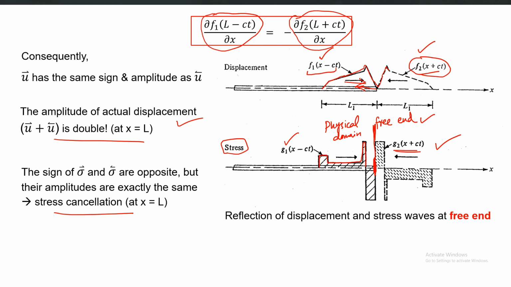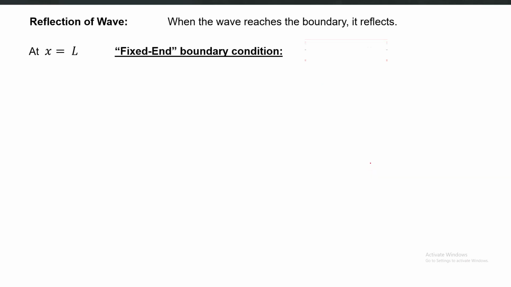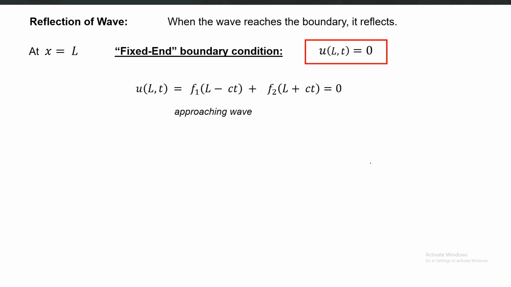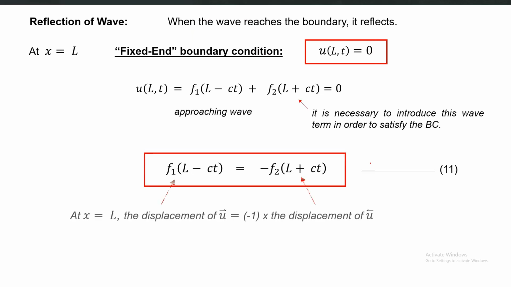Now let's go to the second case, which was the fixed end case. And at a fixed end, we know that stresses are not cancelling out each other. At a fixed end, there will be some stress, but we know that the displacement at the fixed end is 0. So if, for example, the other end is not free and it is fixed, and the displacement is moving towards the downward direction, it is sure that this point is not going to move.